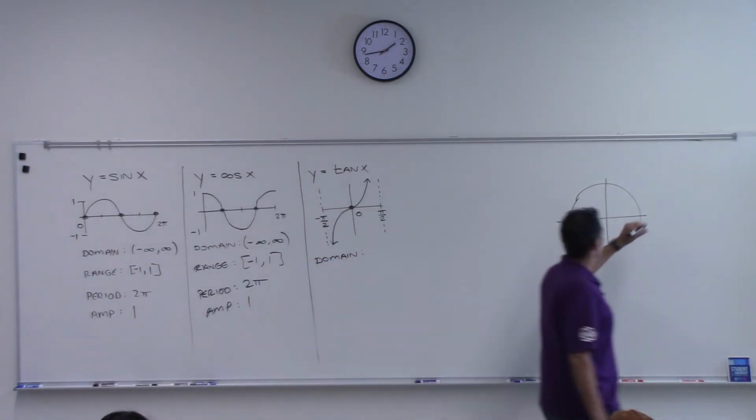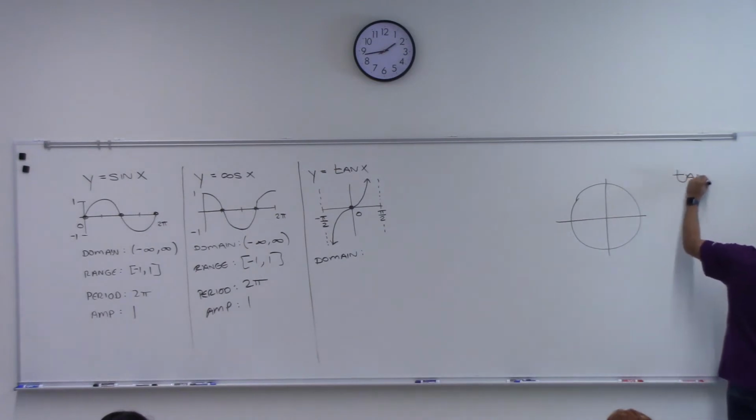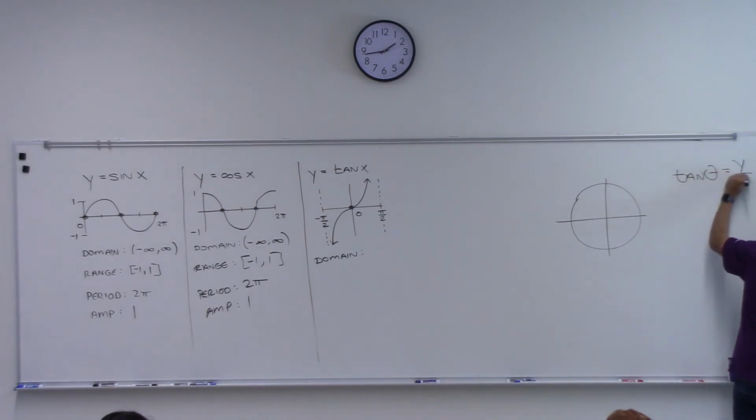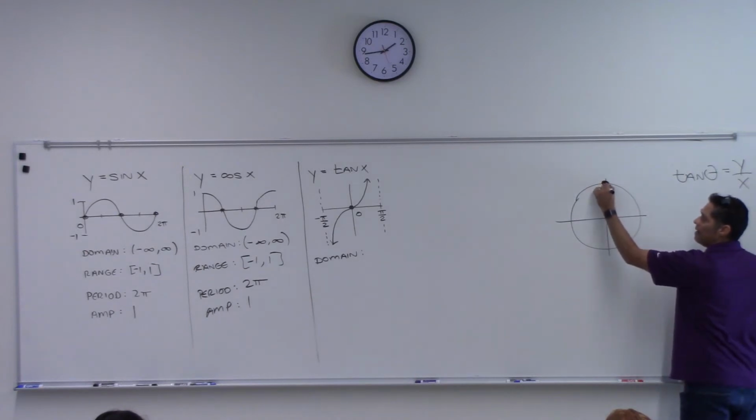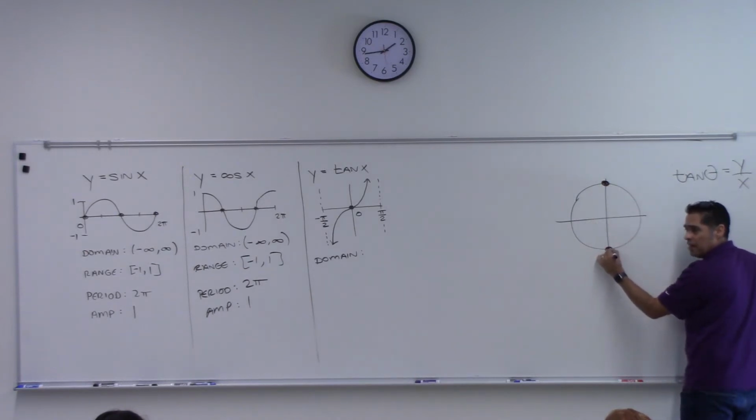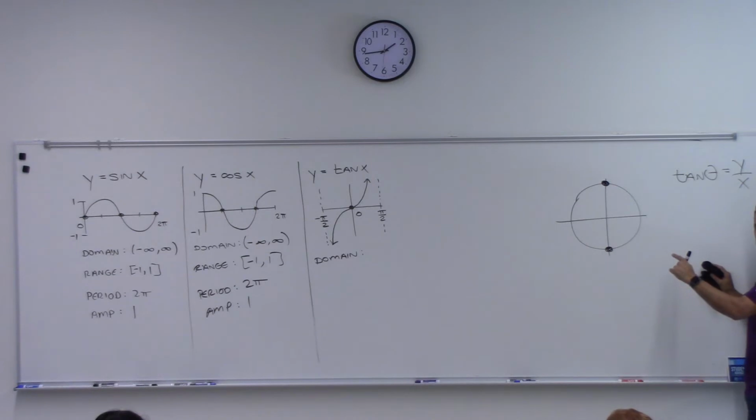So we know that tangent of some angle is the y divided by the x. We're always going to have a problem with this when x is 0, right? When is x 0 on our unit circle? At what angles is x 0? Pi over 2 and 3 pi over 2, right? Those are the two places where we would have problems.